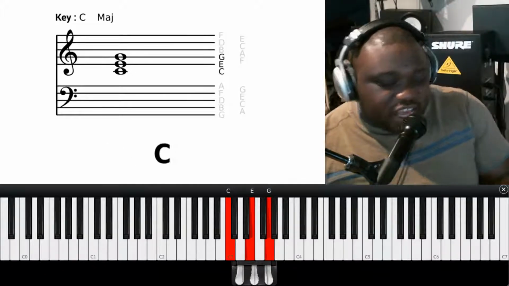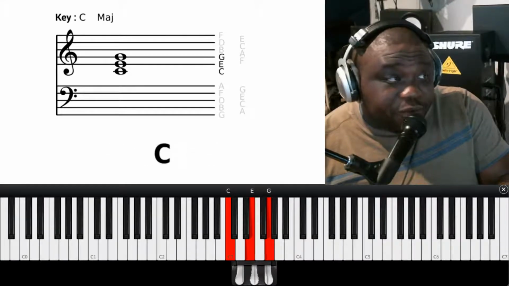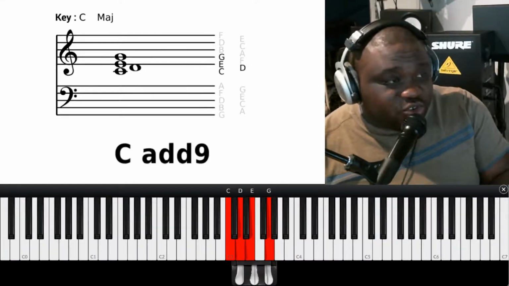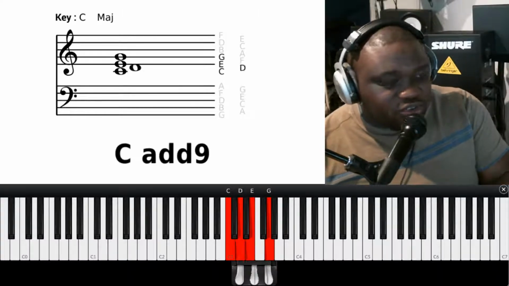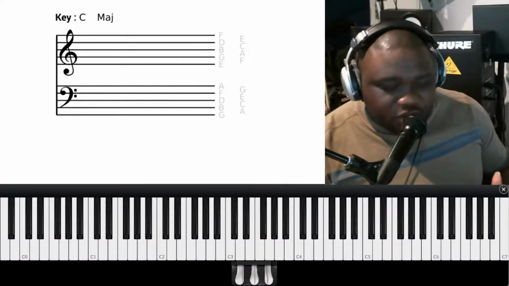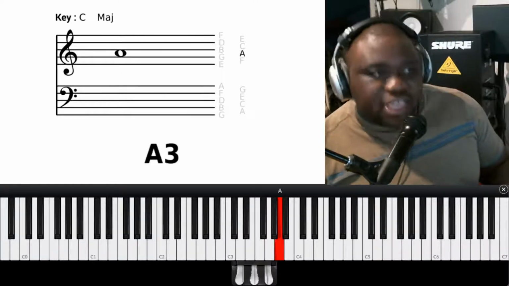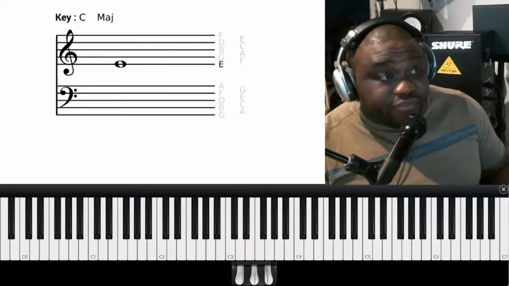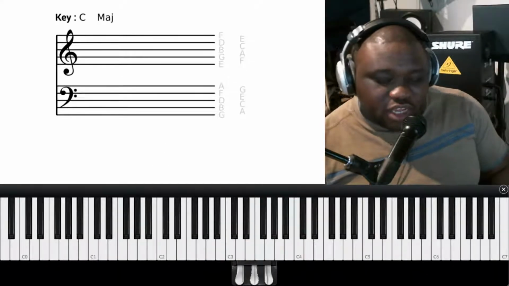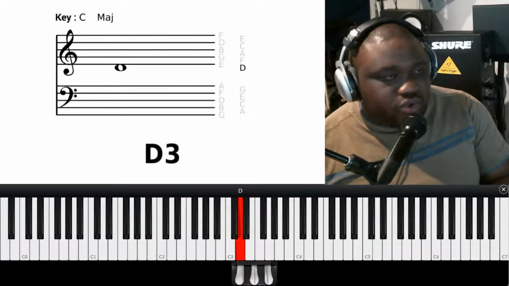You guys see that? And so in order to have this F, remember what that F is: 2, 4. 2, 4. What does that mean? 1, 2, 3, 4, 5, 6, 7, 1. Right? And so 2, 4.